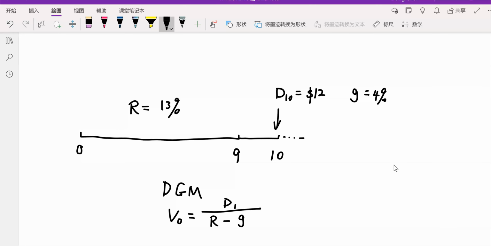This is the formula, assuming the dividend starts from next period. To be more precise, the numerator here is the dividend from next period.